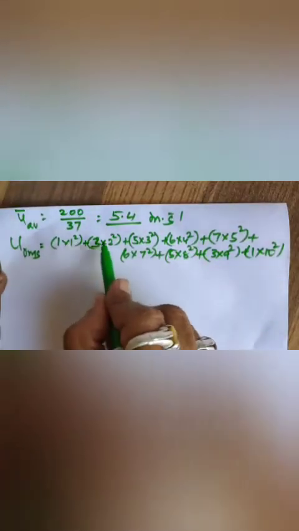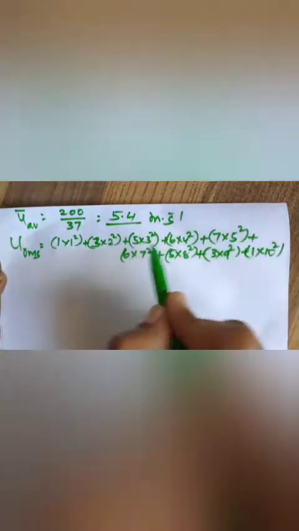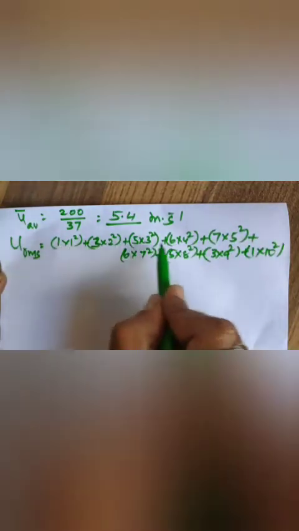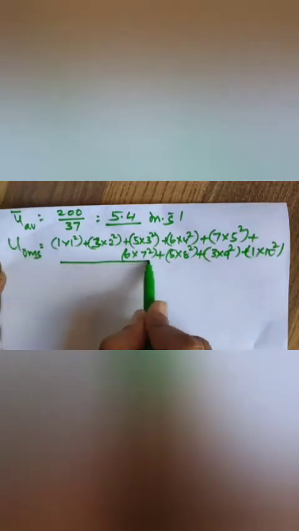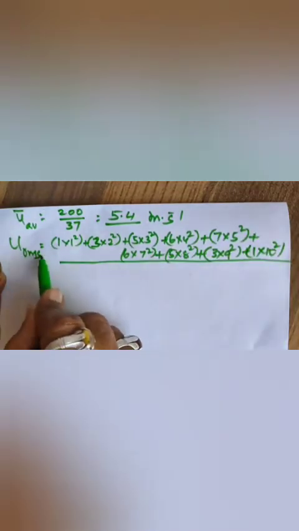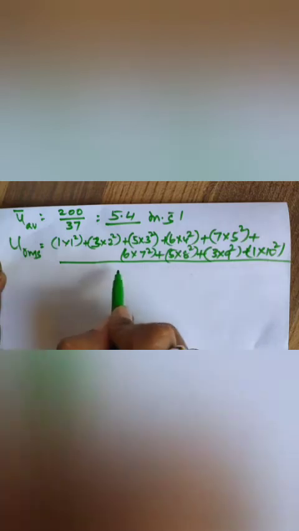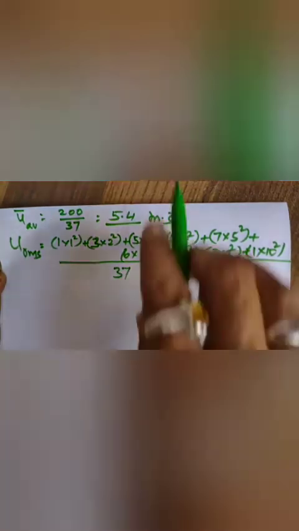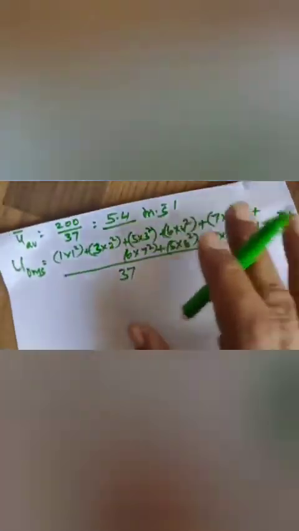The mean of the squares of velocities of all molecules is taken by dividing by the 37 total molecules.